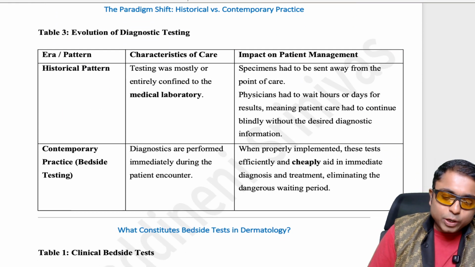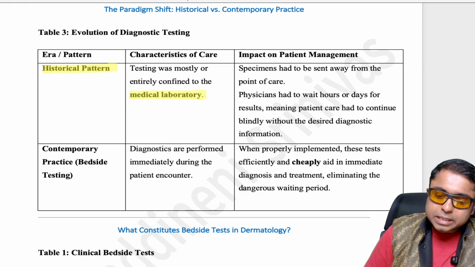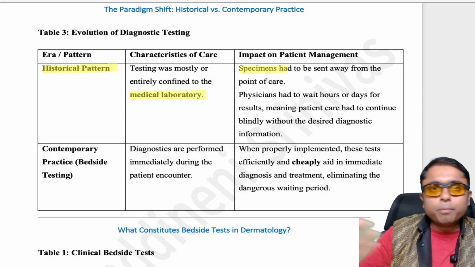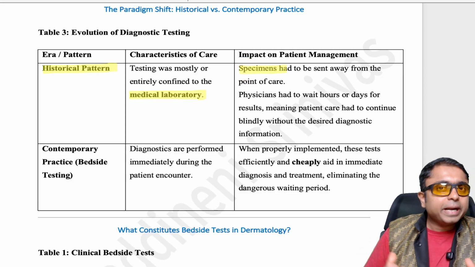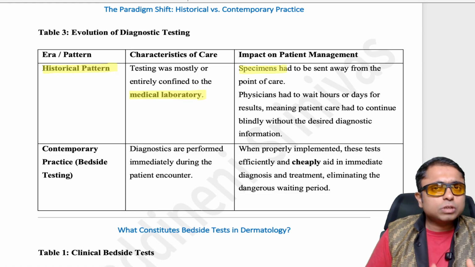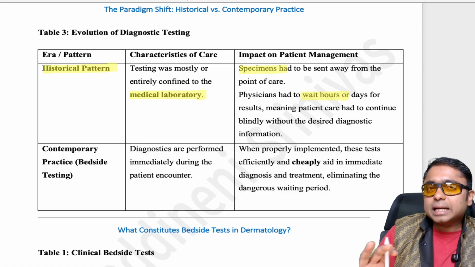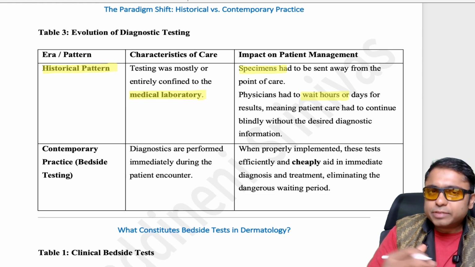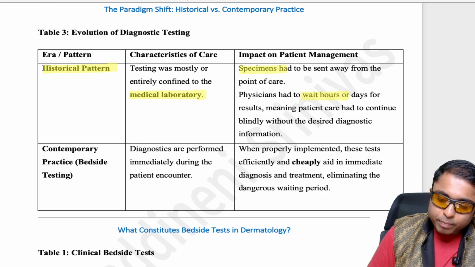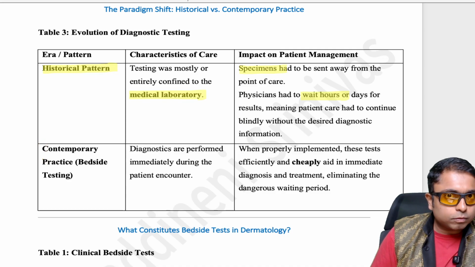So what is the evolution? Historically, the medical laboratory had certain issues, like specimens had to be sent away from the point of care. An immediate diagnosis or provisional diagnosis was not possible. There was a waiting period, and the turnaround time, which we call TAT, was very high. That would obviously delay the management of the patient.